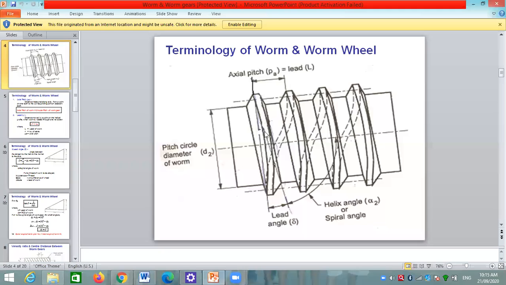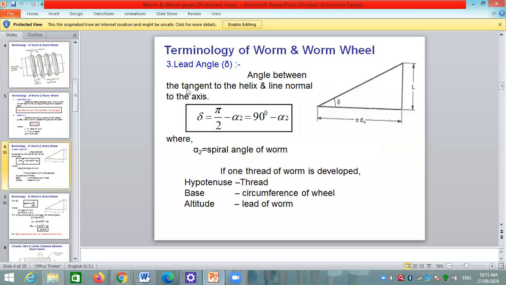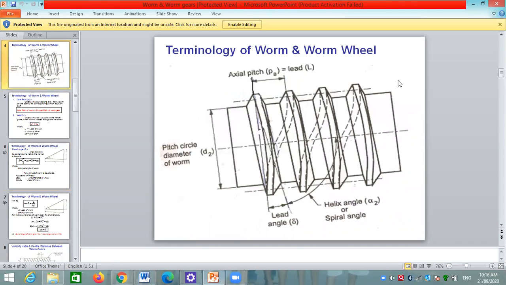Tangent to the helix means if we take the tangent to this tooth and the line perpendicular to the axis, this angle is called delta, and delta is equal to 90 minus alpha 2. If we see here, sorry, delta plus alpha 2 is equal to 90 degrees. Okay, delta plus alpha 2 is equal to 90 degrees.